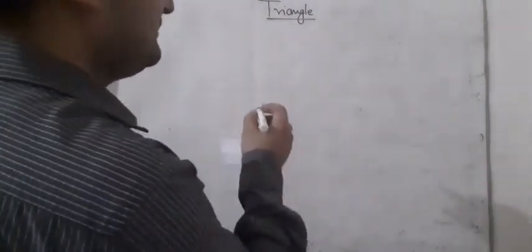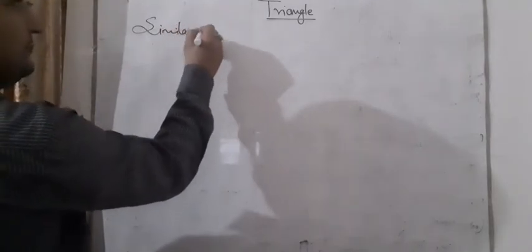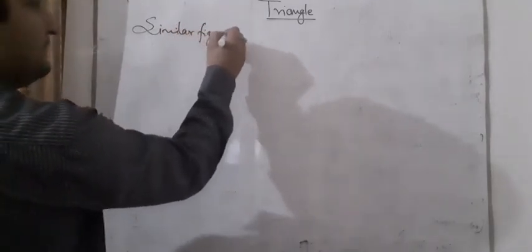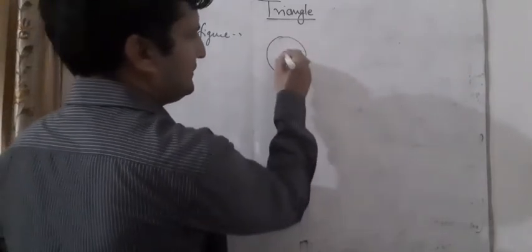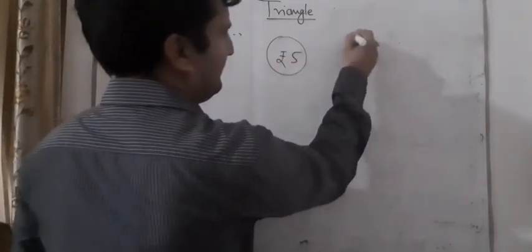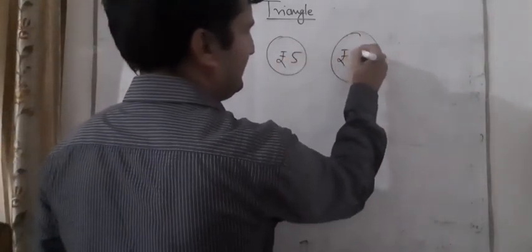So, students, what are the similar figures? Similar figures means the figures which are of the same shape but not of the same size. Suppose I am taking two coins, one ₹5 and one ₹10.